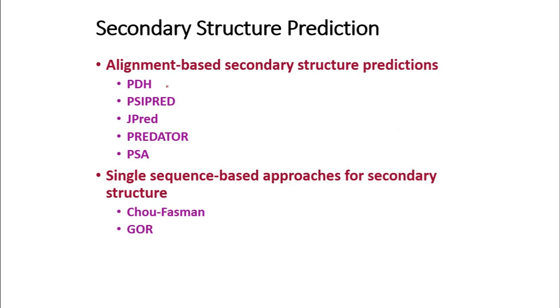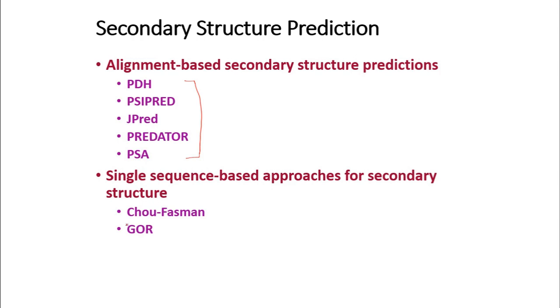Examples of software based on alignment based secondary structure prediction are PhD, Cypred, JPred, Predator and PSC. These are all online software that you can use online. All you have to do is provide the sequence of your protein, and this software will tell you what might be the secondary structures present in the given sequence.